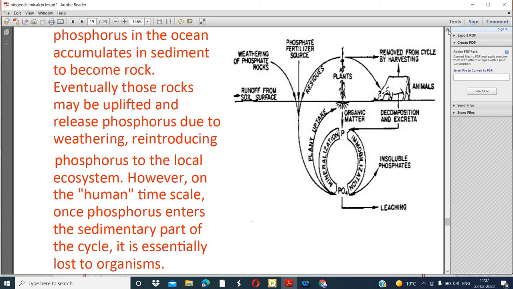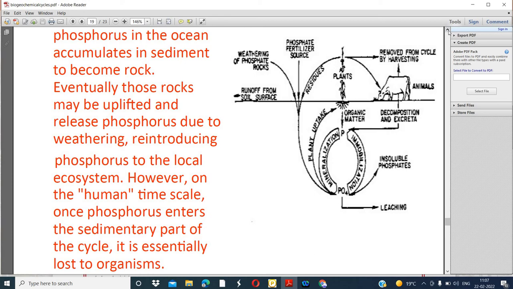But generally vegetarian food lacks the required amount of phosphorus. So generally the animal population, all the humans and consumers, are dependent on non-vegetarian food, animal food, to fulfill the requirement.